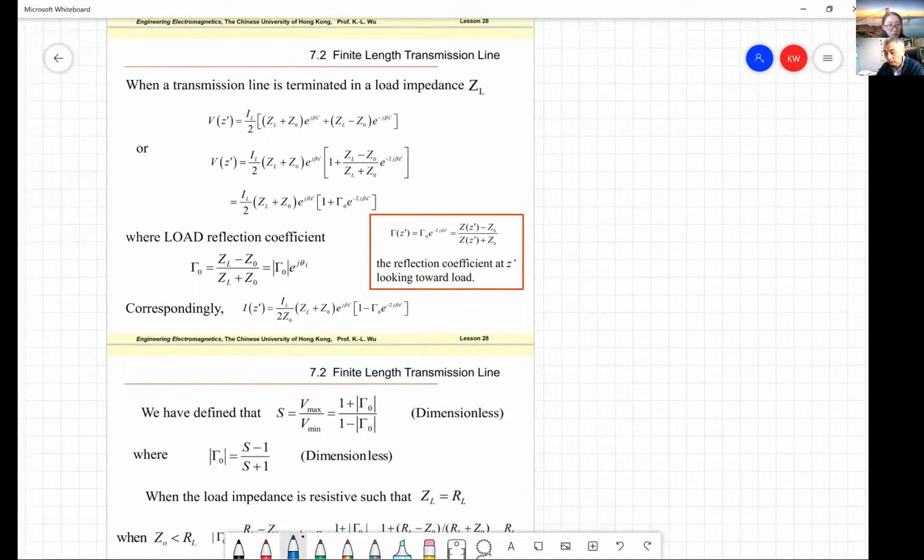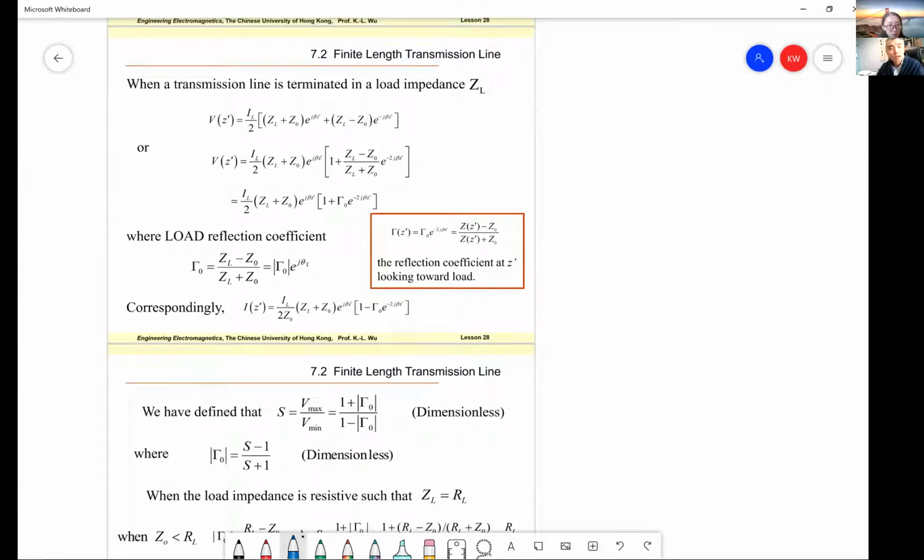This is so far the most important two conclusions: one is the total impedance, and one is the reflection coefficient at any given reference plane. Once we understand this, we can use these two parameters to describe voltage and current down the transmission line.